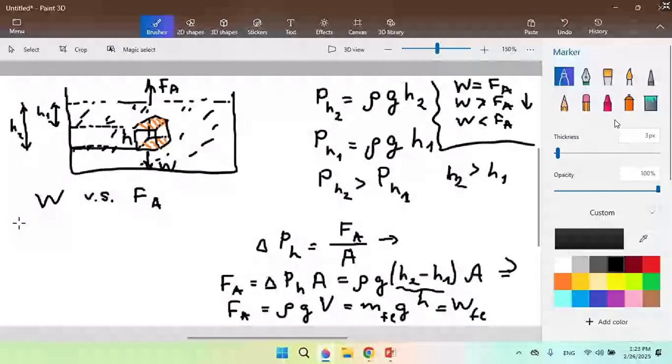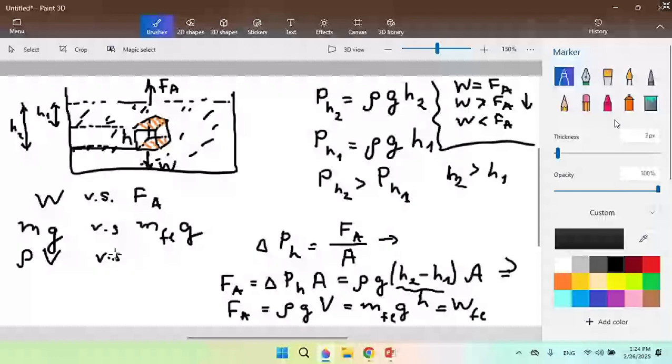Weight of the object is the mass of the cube, of any object, times acceleration of gravity. Archimedes force is what? Mass of the fluid times acceleration of gravity. So mass of the object is the density of the object times its volume.